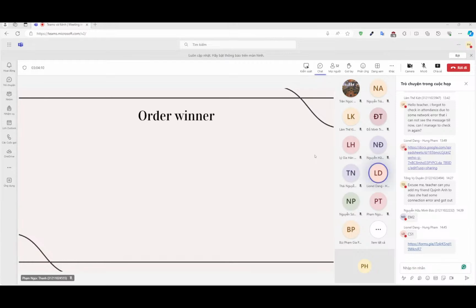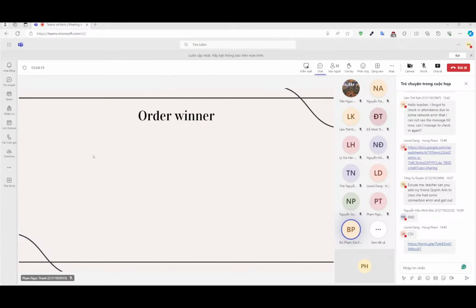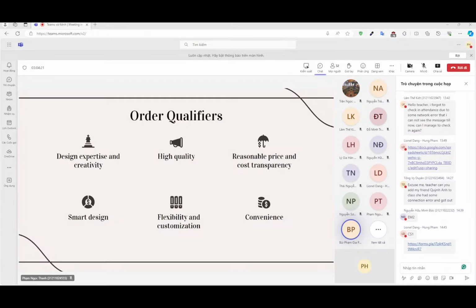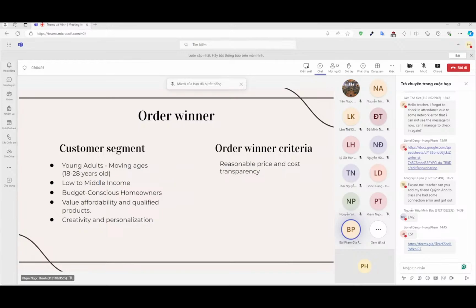Go ahead. The next ones are smart design, flexibility and customization, and convenience. We also identified that our customers are young, with ages ranging from 18 to 28 years old.